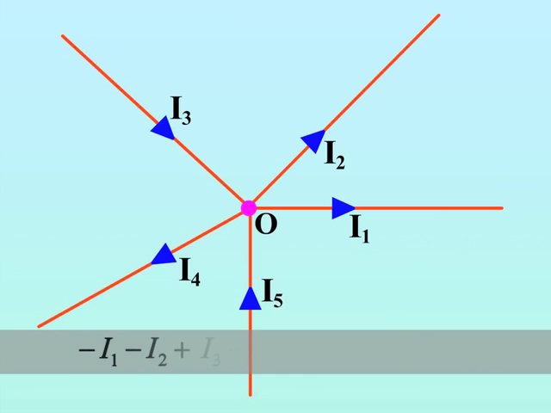Or minus I1 minus I2 plus I3 minus I4 plus I5 is equal to 0. Or sigma I is equal to 0. This is Kirchhoff's first law or Kirchhoff's current law.